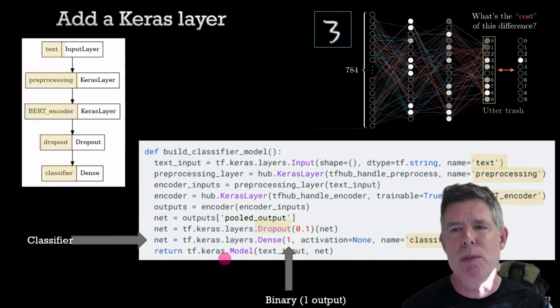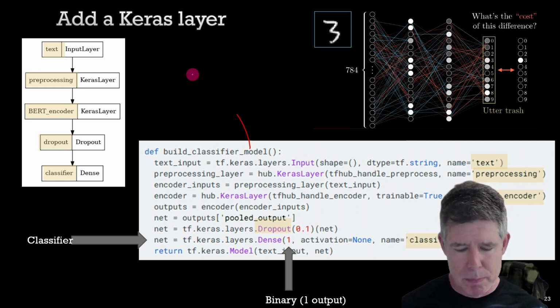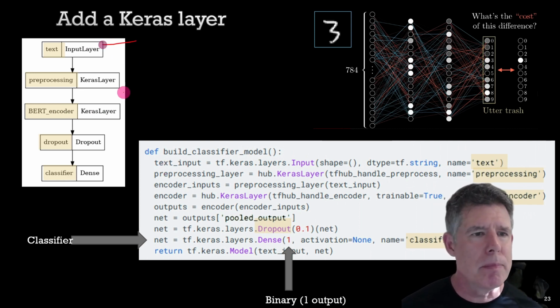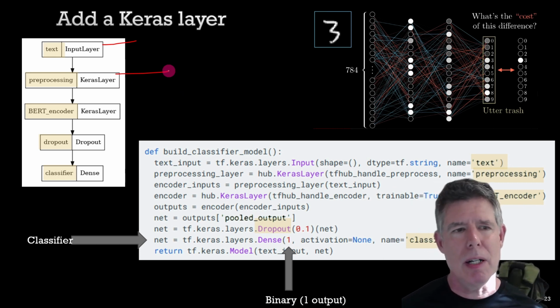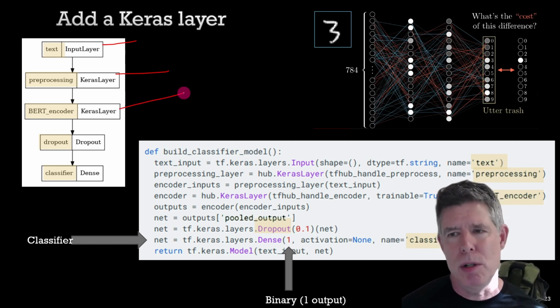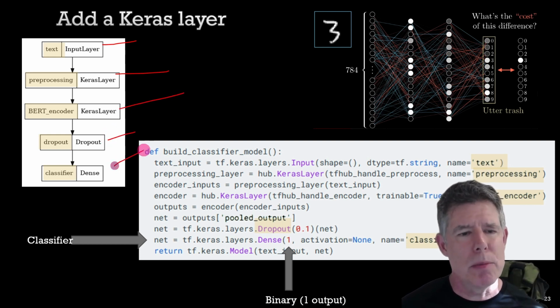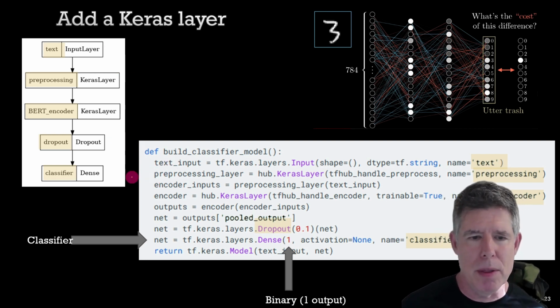And this is roughly what it looks like to build a model. There's an input layer. There's a pre-processing layer that's necessary to take text. And then BERT encodes that. And then we can add some of our own layers. And here's how it is in Python, just plain old Python.